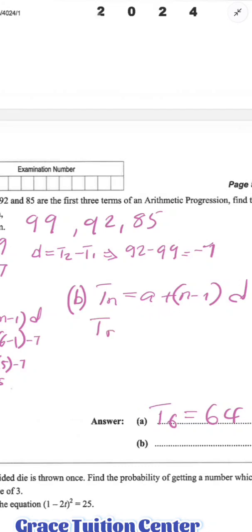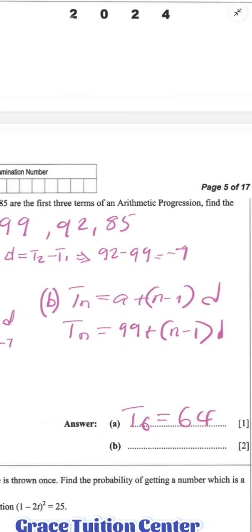So we're saying Tn is equal to 99 plus n minus 1, and where there's d, we are putting a negative 7. Let's simplify this. Since these are not like terms, we're going to distribute. So we have 99, negative 7 times n is negative 7n, negative 7 times negative 1 is positive 7.